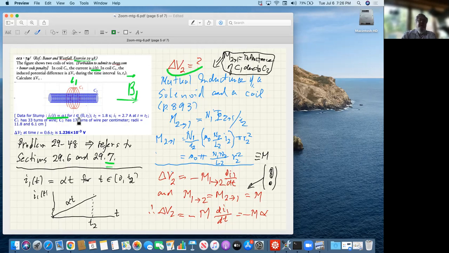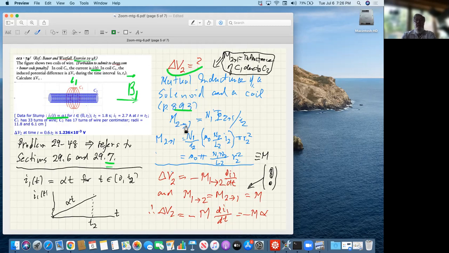Well, that's what we have here, the mutual inductance of a solenoid and a coil of wire. So this is an example which shows the mutual inductance of coil 1 due to the current in coil 2.